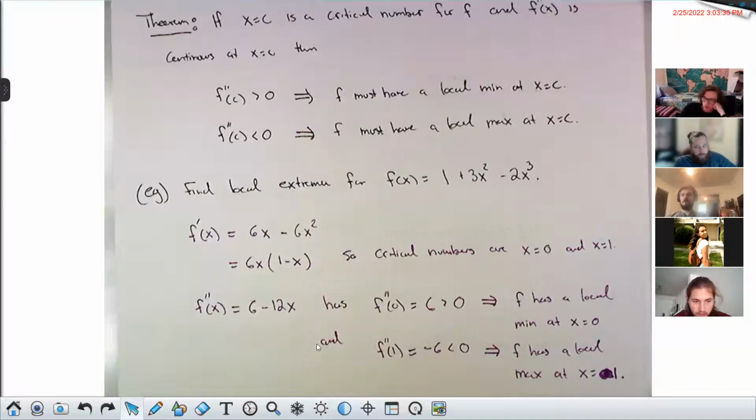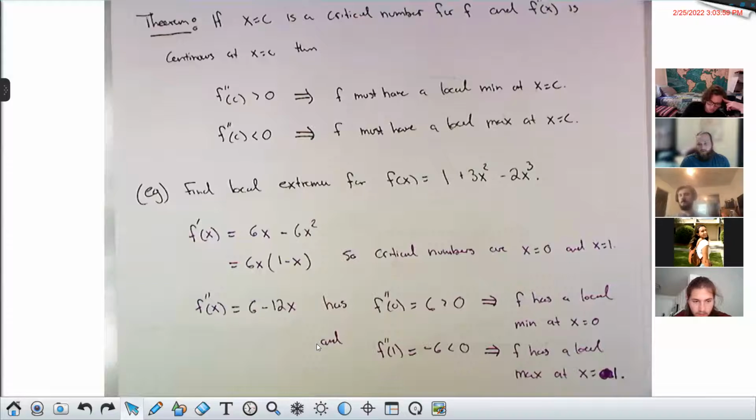Any polynomial will have all derivatives continuous, and they're super easy to differentiate. And when you take higher derivatives, they become easier to work with because terms go away. So if you're just looking for local extrema of a polynomial and you don't care where the function is increasing or decreasing, then I wholeheartedly recommend the second derivative test.